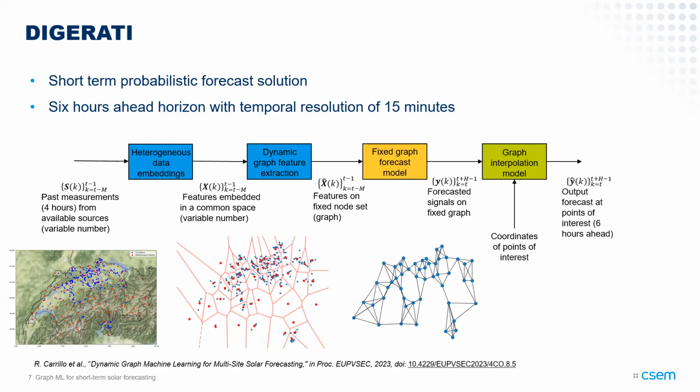And then we forecast features for all the lead times, for the H time steps ahead. And now based on these forecasted signals, we also train a graph interpolation model that can receive as query points any location, let's say in Switzerland or in the region of interest that we have. And then we produce an estimate of the forecast at the points of interest. And one thing is that we also produce a probabilistic forecast on that.